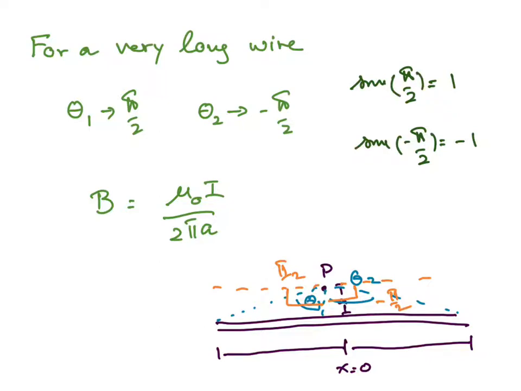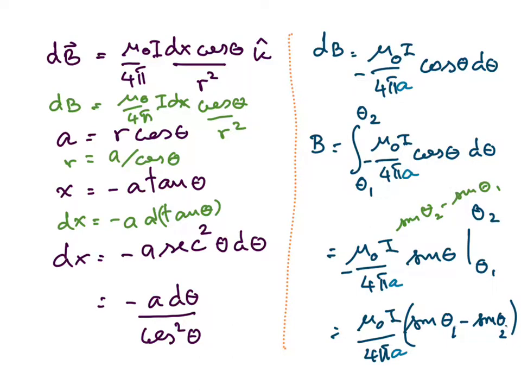So sin theta 1 minus sin theta 2 is equal to 1 minus (minus 1), which is equal to 2.